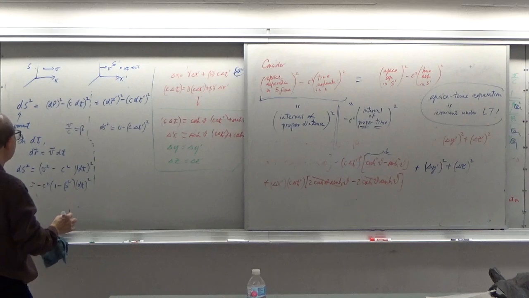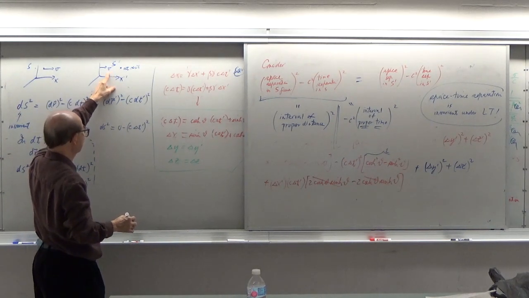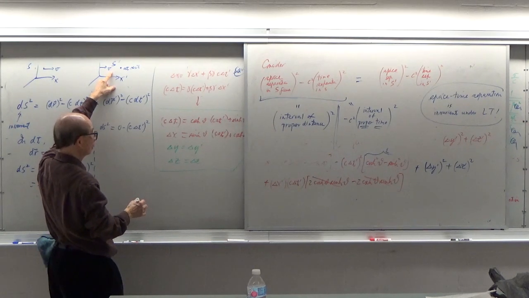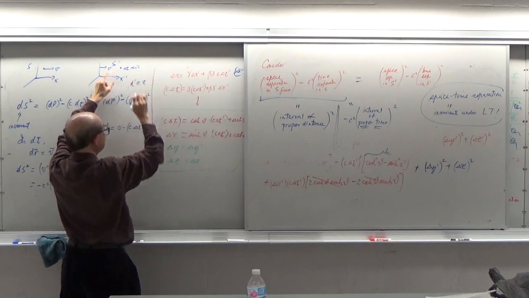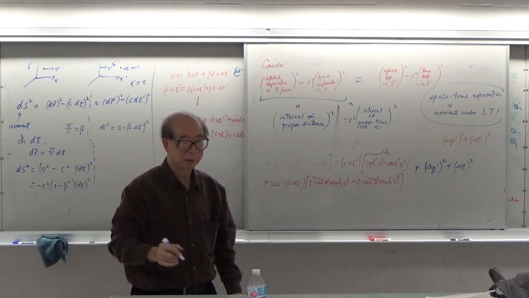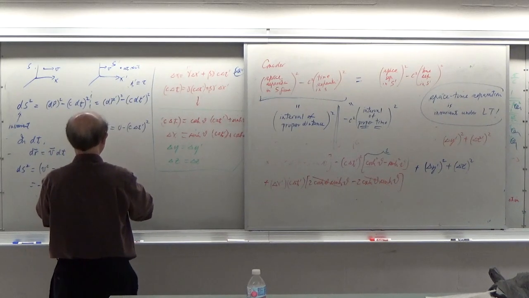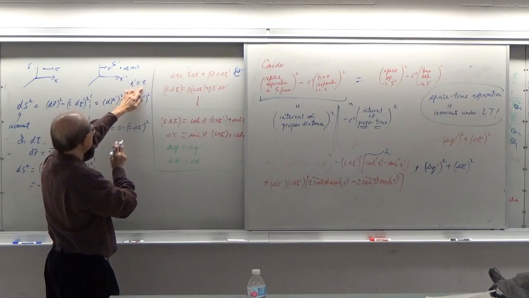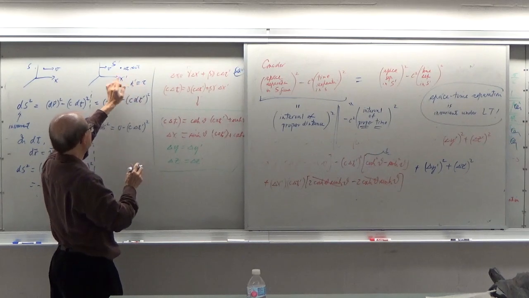Since the system is at rest in this frame, it's customary to denote the time coordinate by tau. So tau is the time as measured.